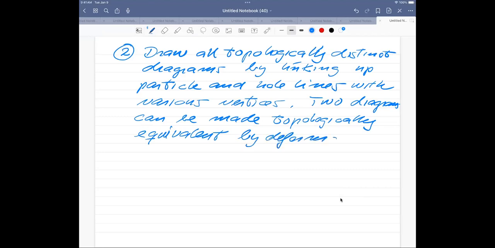And I will show you an example of what we mean by that. Deformation of fermion lines, under a specific restriction.